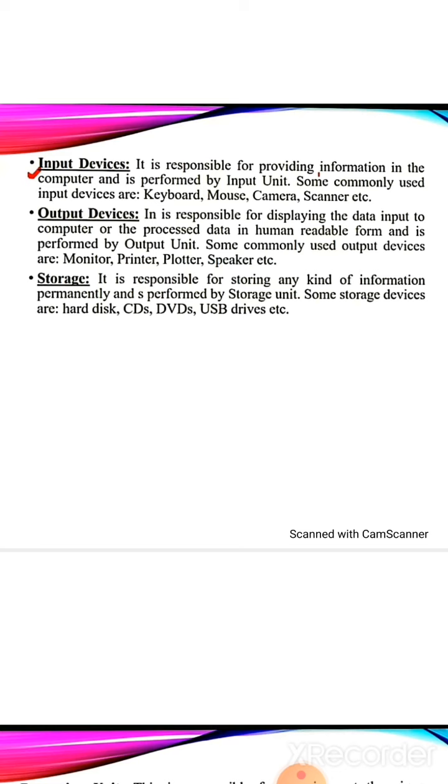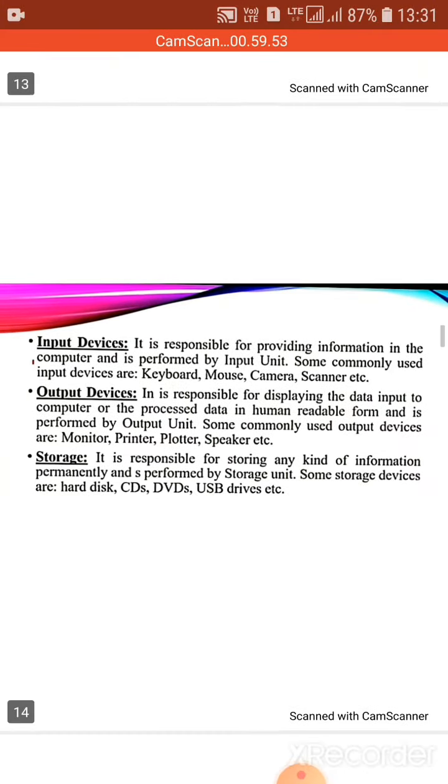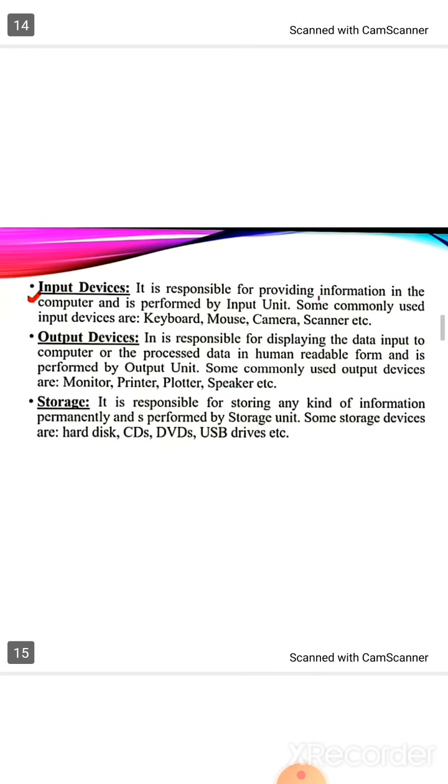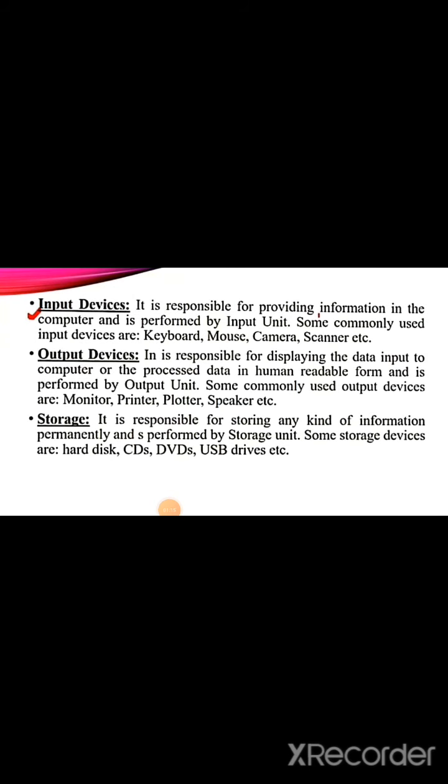Input devices are responsible for providing information to the computer and are handled by the input unit. Some commonly used input devices are keyboard, mouse, camera, and scanner.